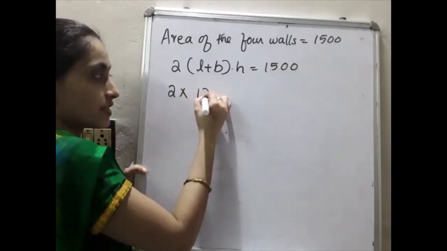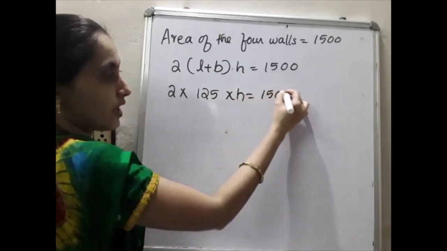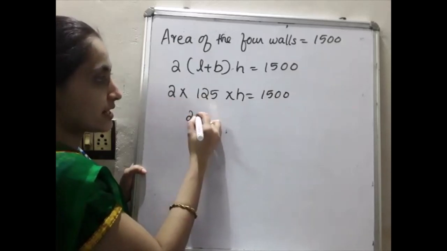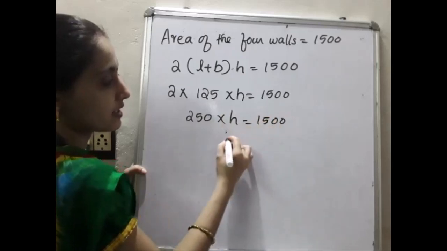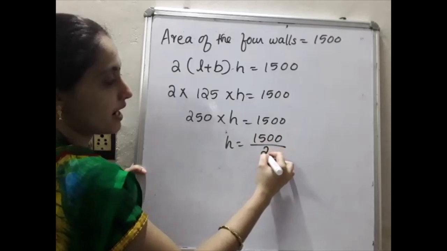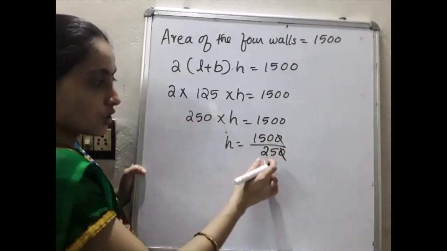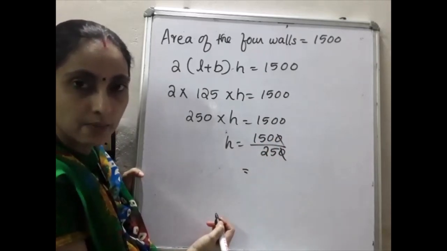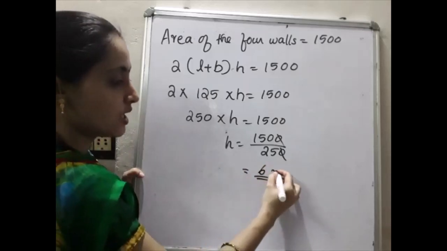From the first equation, it gives us 125. So 2 into 125 is 250. 250 into H is equal to 1500. So H will be equal to 1500 divided by 250. Zero and zero cancel. So 25, how many times? 25 into 4 is 100, so that means 4 plus 2, that is 6. Height will be equal to 6 meter.